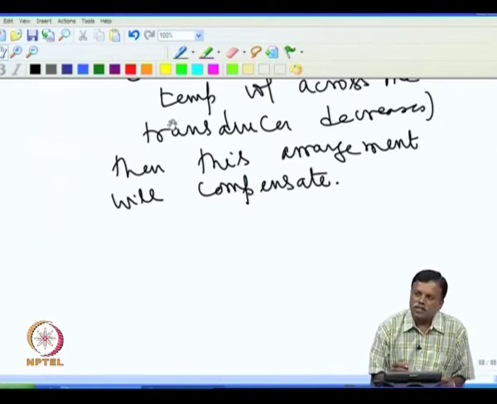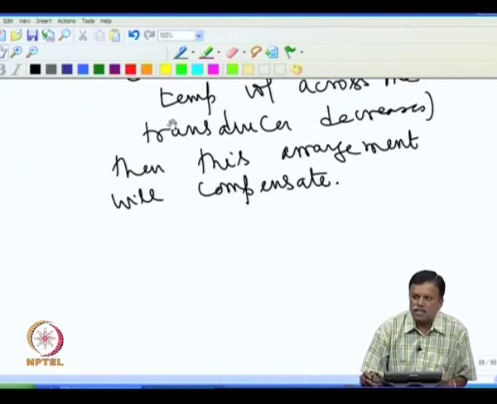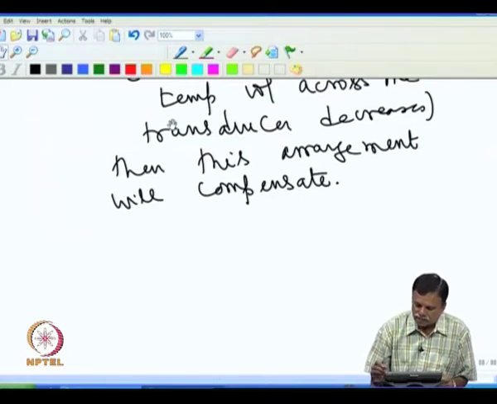Earlier they used thermistor as a temperature compensating element, and thermistor also has a good, reproducible temperature coefficient, but use of thermistor is not as comfortable as the transistor. So, one can use the transistor for temperature compensation in very many applications.